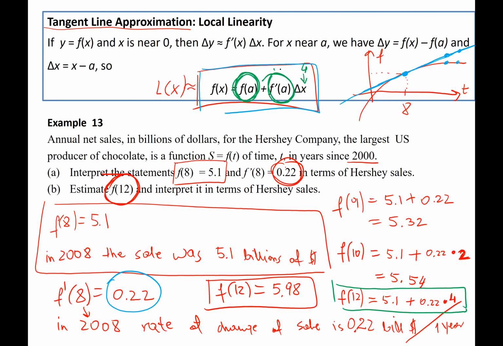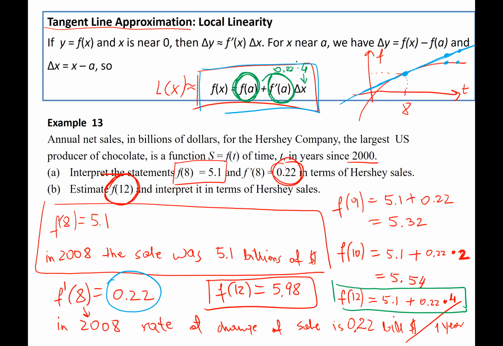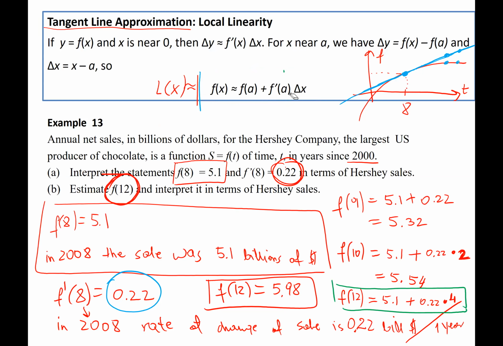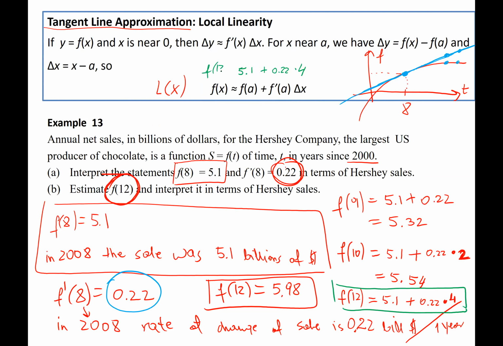That was 4, that was 0.22, and this was 5.1. Once more: this is my value, 5.1, this is the rate of change, and that was the number of years. At 12, as we can see, we did the approximation, and this is the final answer. That's how we can use it.